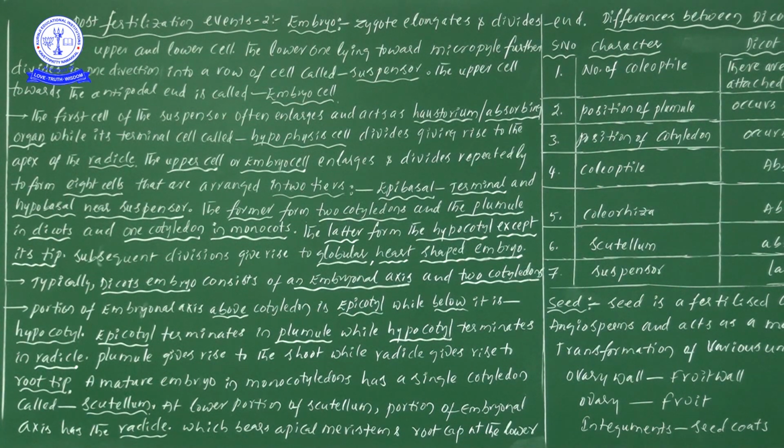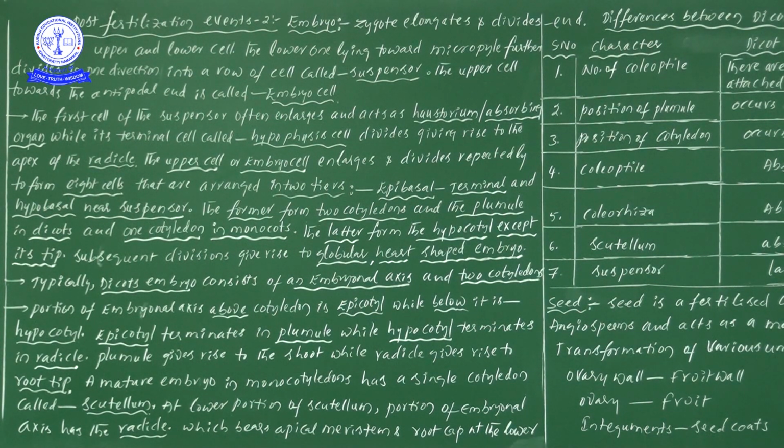The upper cell, or embryo cell, divides and forms 8 cells, which are again divided into 2 tiers, an epibasal part and a hypobasal part. The epibasal part forms the plumule and cotyledons, and from the monocotyledon's point of view, one cotyledon. The hypobasal is involved in the formation of the hypocotyl region. Okay, next, subsequent divisions.